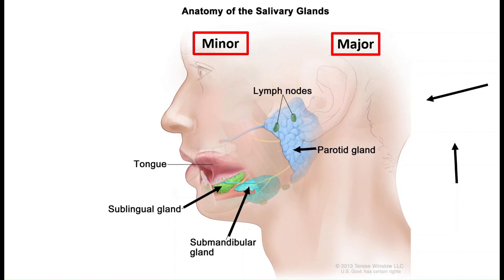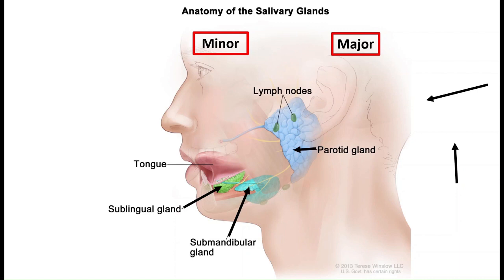There are major salivary glands which are definite organs. They have their own structure, their own capsule and a very specific location, and they have specific, well structured ducts that open into the mouth.